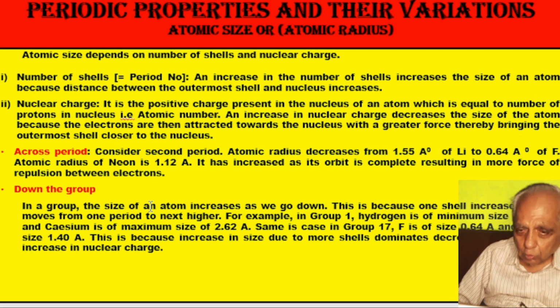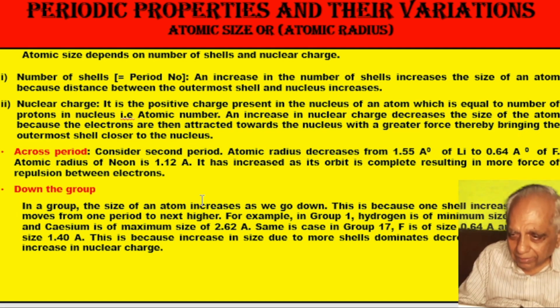So due to more number of shells, that will dominate and my size will increase. Due to more nuclear charge, size would decrease, but the net effect is that the size of the atom increases as we go down.